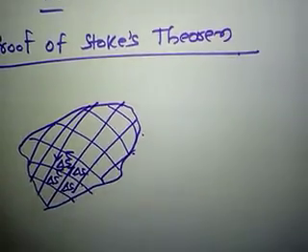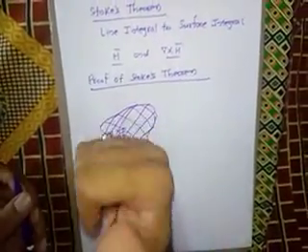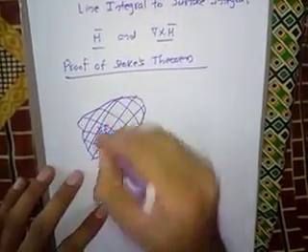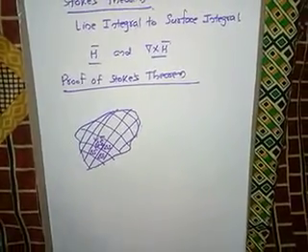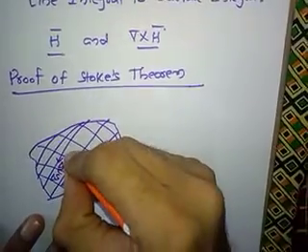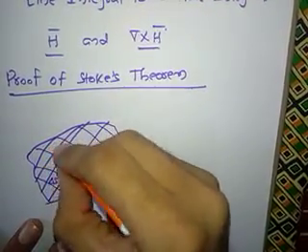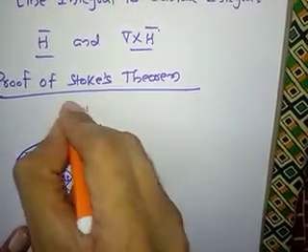If this is the direction of the closed path, then according to the right hand thumb rule, the current direction will be perpendicular, like this. So we have the perpendicular direction as AN bar.